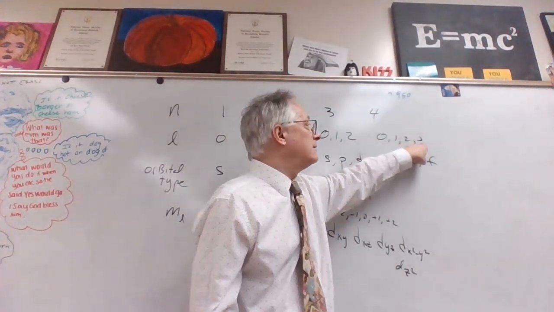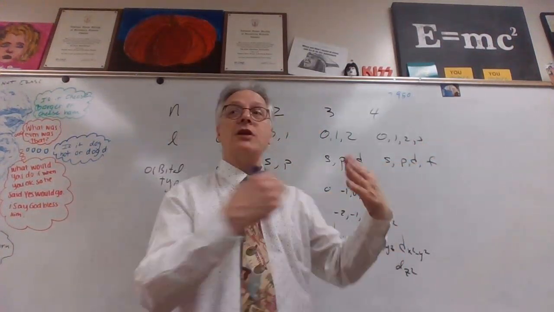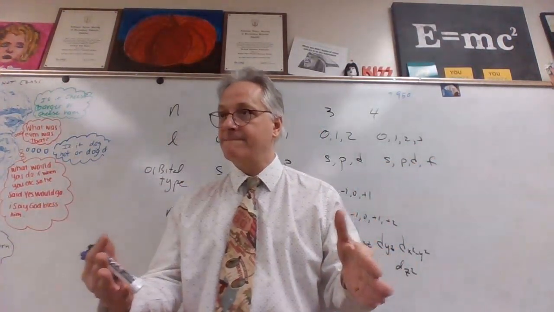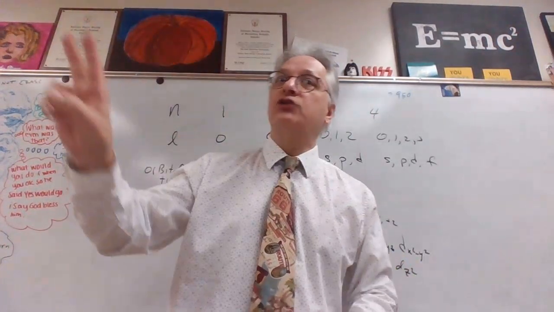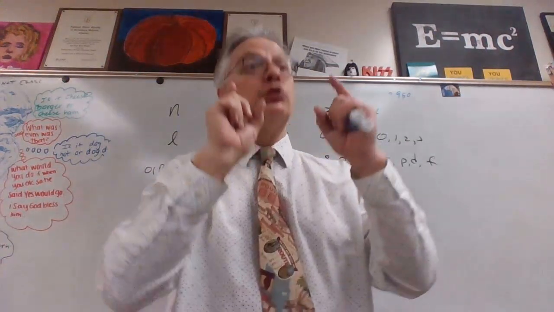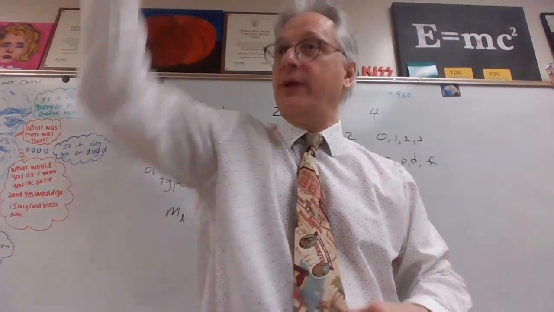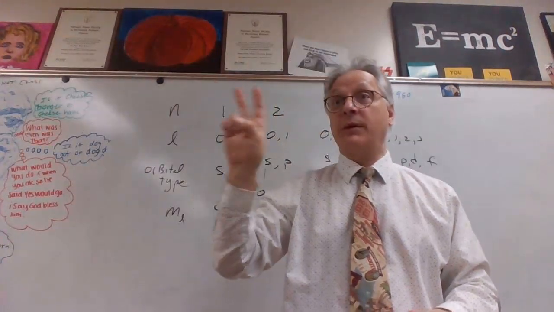Okay. And when we split these into the m sub L values, that gives us the number of orbitals per set. So to wrap this up, s orbitals, no matter what energy level I'm in, there's only one s orbital: the 1s orbital, the 2s orbital, the 3s orbital, and they hold a maximum of 2 electrons.